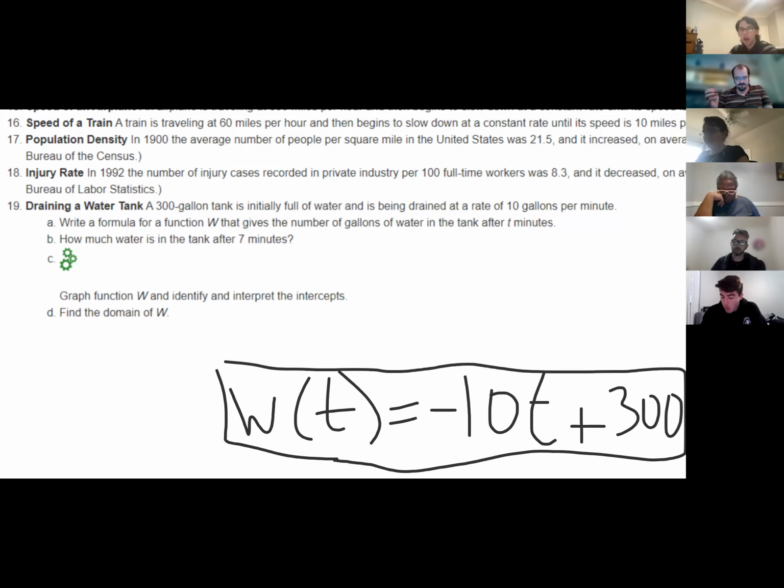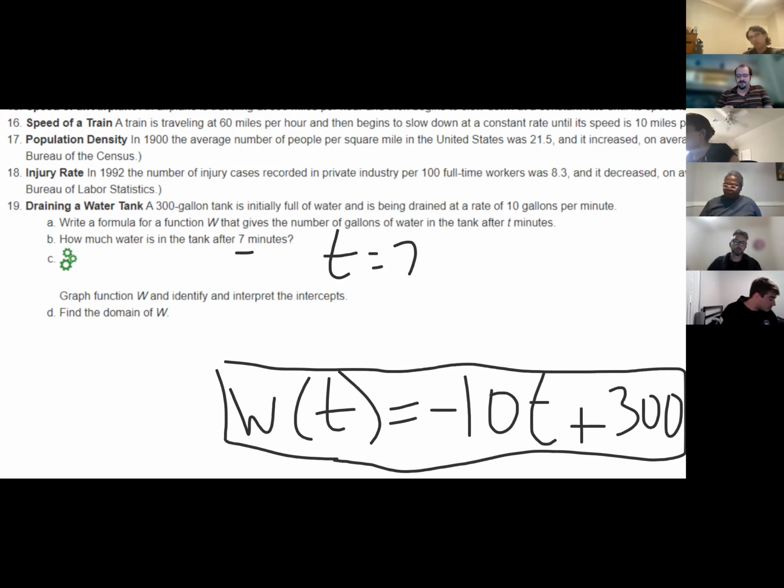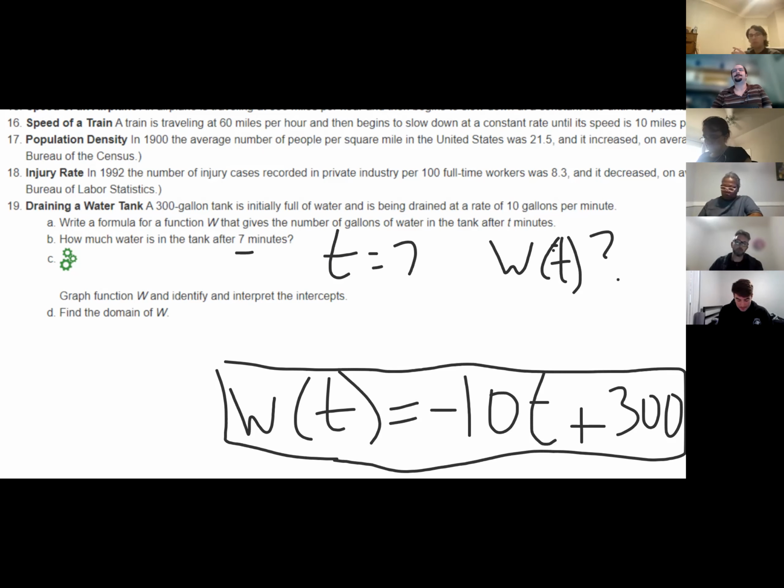Plug in 7 to where? There are two spots I could plug it in. T. So this is saying t equals 7. When t equals 7, we want to know what my w of t is, or we could also call it w of 7. We want to know what this thing is. So what does that look like?